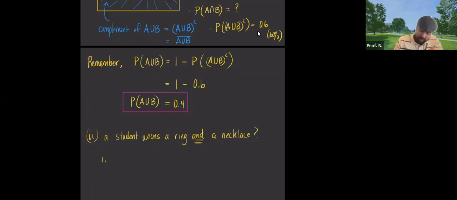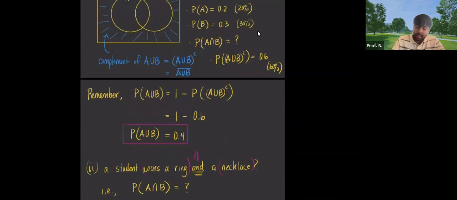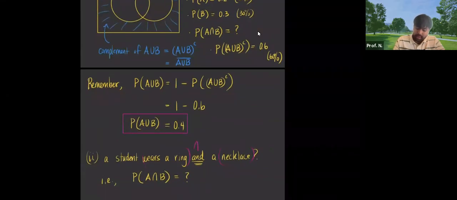In other words, I want to find the probability that A intersect B, right? The "and" means intersection in this case, between this event and this event. So that's exactly the question that was raised in trying to find the answer to the first part of the problem. So how would we find this?